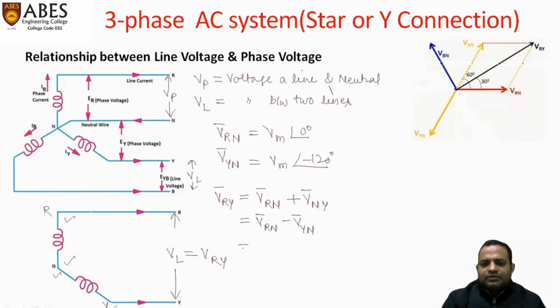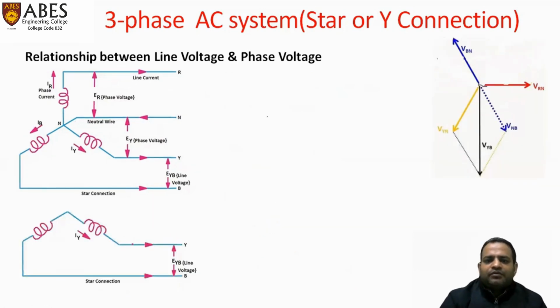Now put the values: Vm angle 0 degree and Vm angle minus 120 degree. After solving these two vector quantities, the resultant is Vm times 1.732 magnitude with an angle of 30 degree, after calculating from the calculator. This is our first line voltage VRY.